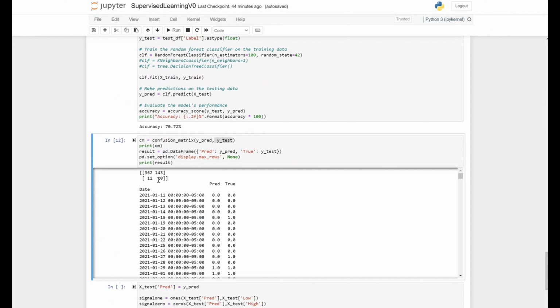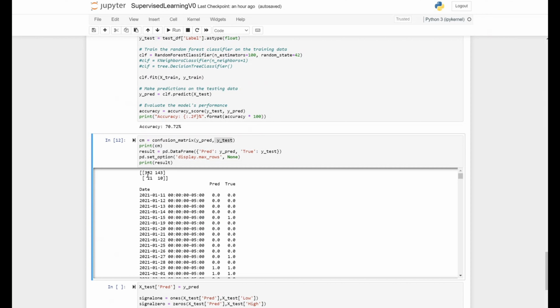So this is called true positive. This is called false positive. This is called false negative. This is called true negative. Okay, so look at this diagonal line. So 362 and 10. The numbers on the diagonal lines are the ones that are correctly predicted.